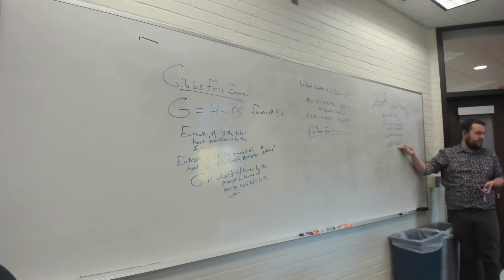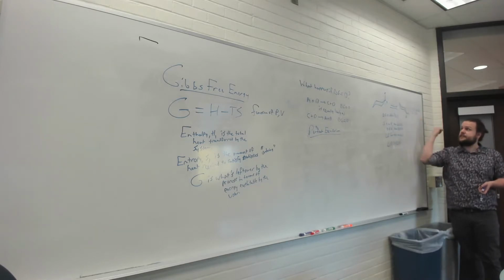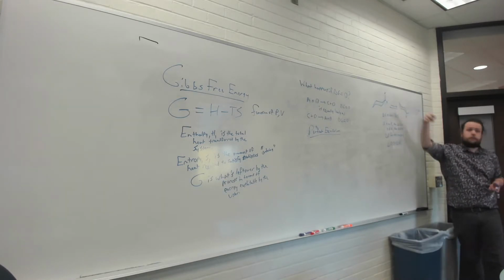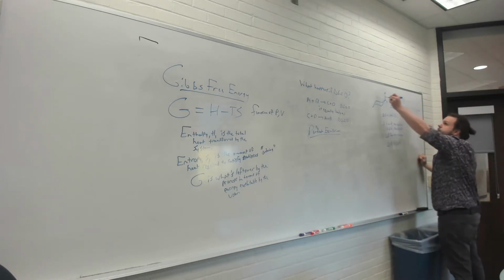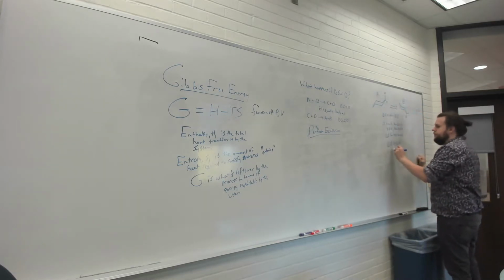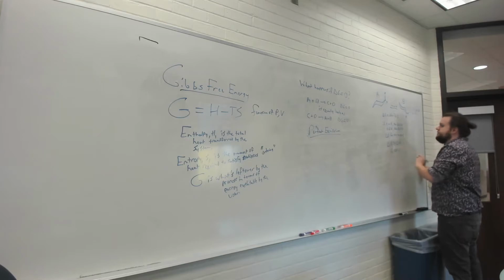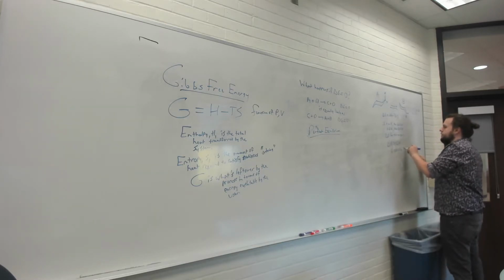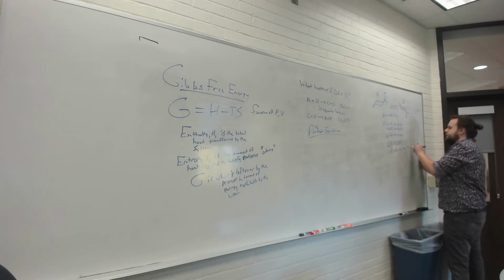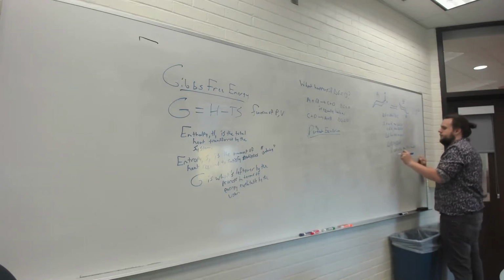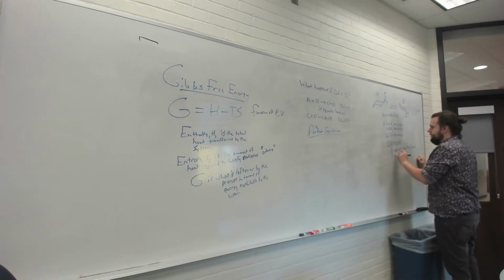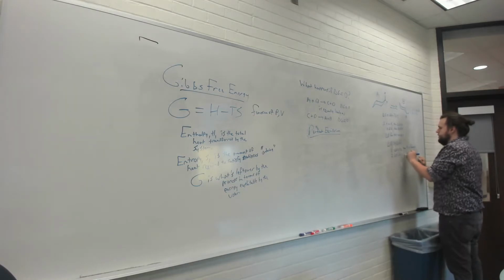Delta H is less than 0, it releases heat, and this is favored over this form. Or we'll call this B versus A. So if delta H is less than 0, then B is favored. And if delta H is greater than 0, then A is favored.